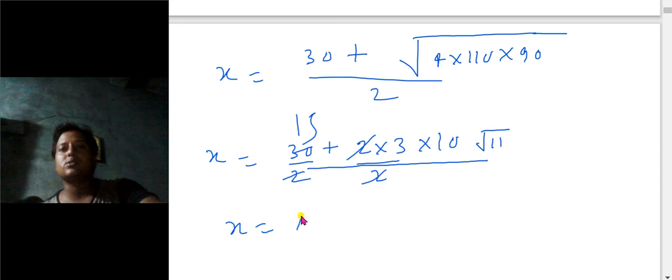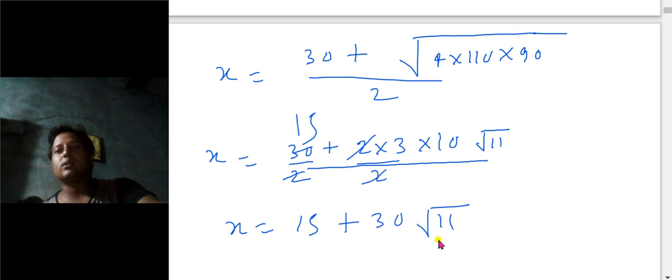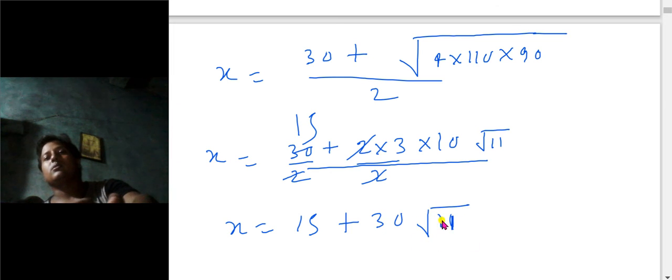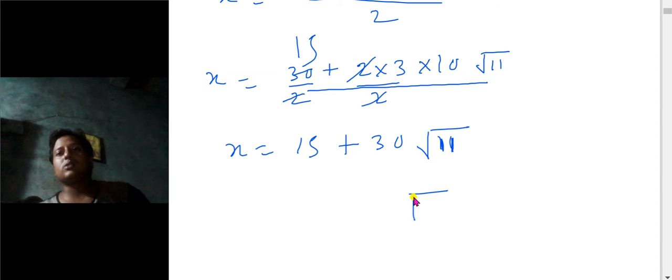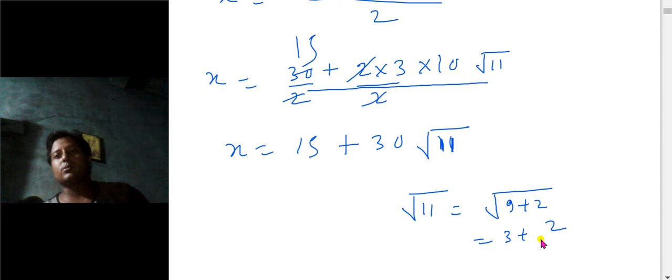So x equals 15 plus 30 multiply under root 11. Under root 11 is what? Under root 9 plus 2, so 3 plus 2 divided by 2 multiply 3.